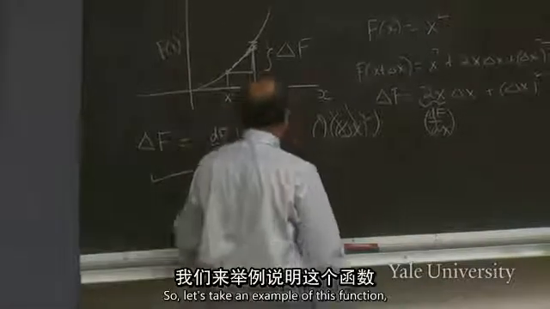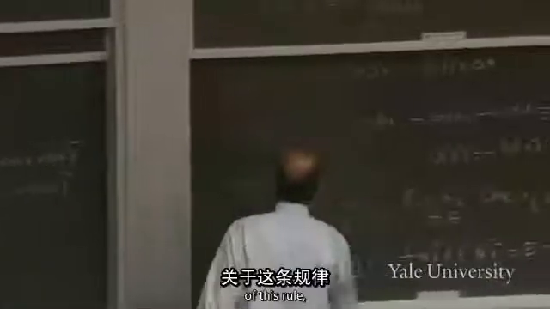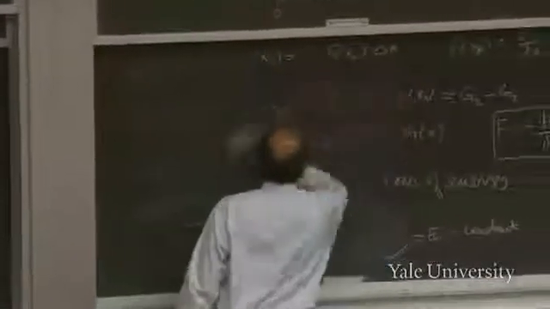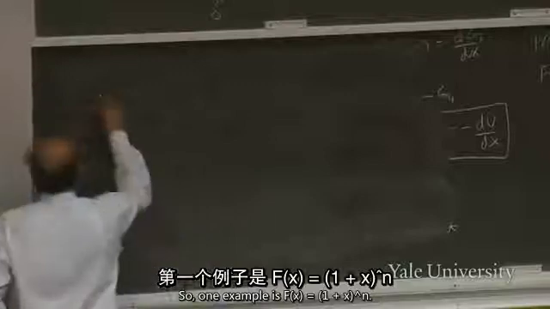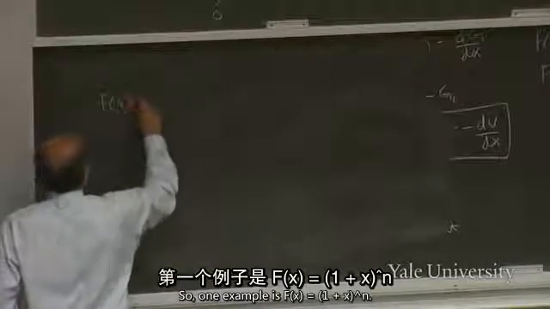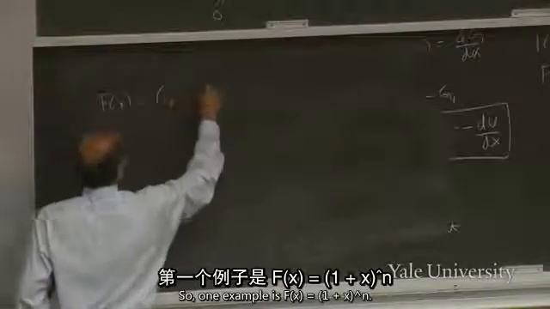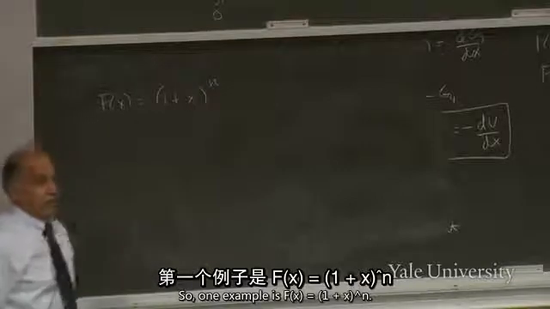So let's take an example of this rule, because I'm going to use it all the time. One example is f of x is equal to 1 plus x to the n.